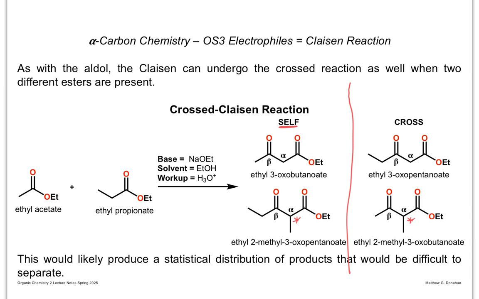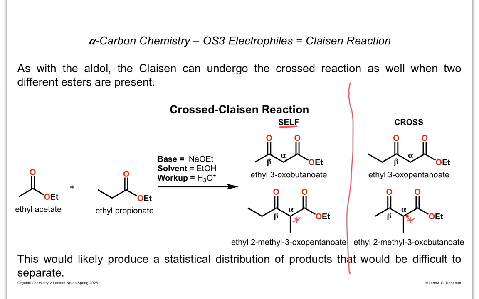So when you look at, say, this one down here, in this module, we're always making an alpha-beta bond. When you look at the beta carbon, the oxidation state is telling you if it comes from alkylation, aldol, or Claisen. The alpha carbon always comes from the enolate. The beta carbon's the electrophile.